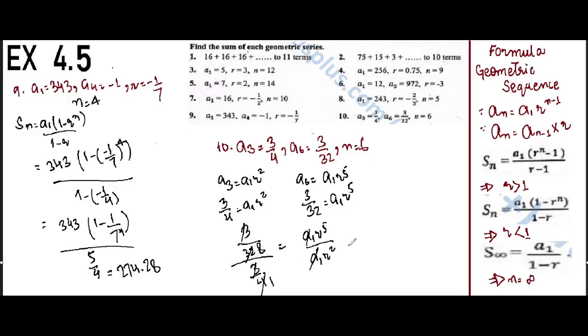Now it is going to be r raised to the power 5 minus 2, which is 3, equal to 1 by 8. It is equal to 1 by 2 cubed. So r is equal to 1 by 2. Now the value of r is 1 by 2. Now I'm going to erase all of this so that we can solve and find its sum.